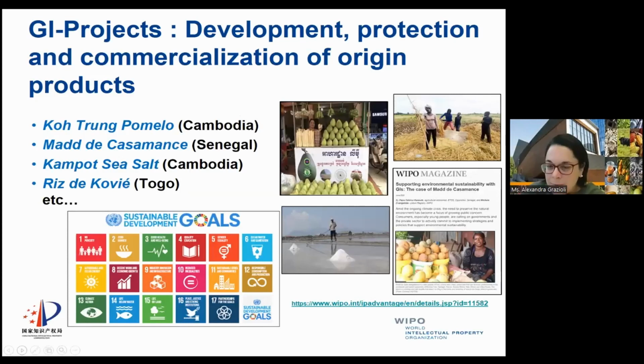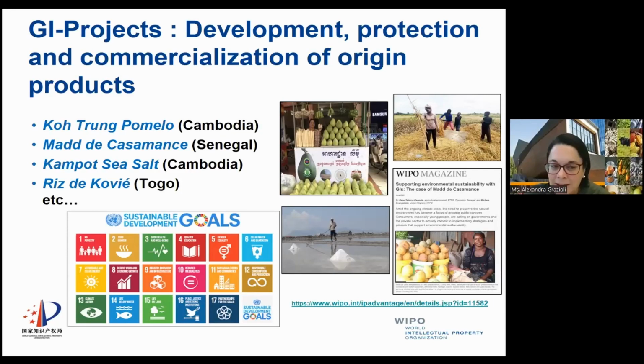Final word about activities that WIPO is now doing a lot, and I'm sure you have already heard. We have undertaken several projects on geographical indication, and some also in your region, like for the protection and commercialization of the Kotrum Pomelo in Cambodia.